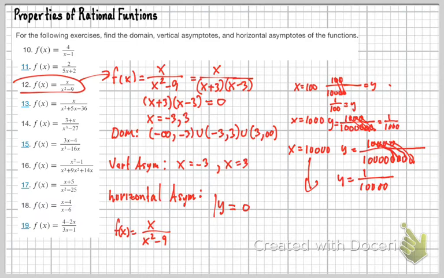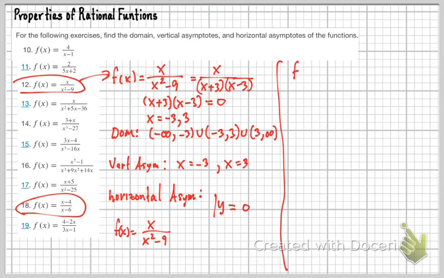Okay, so now let's try 18. So that's going to be f of x equals x minus 4 over x plus 6. And right away we can see here that x cannot be negative 6, because that makes the bottom 0.